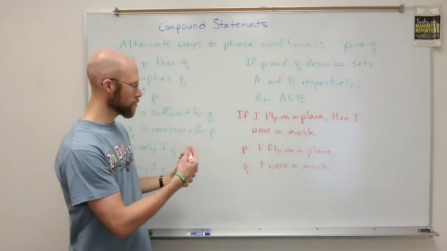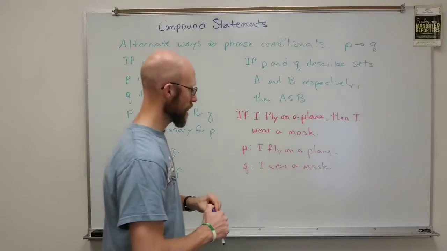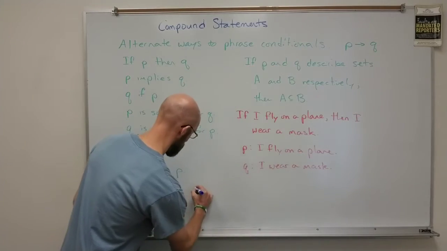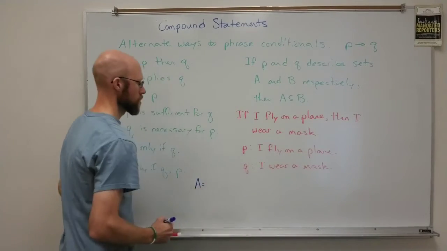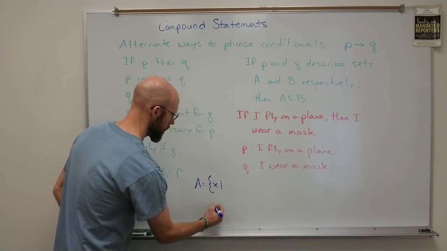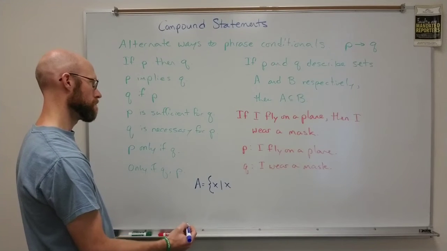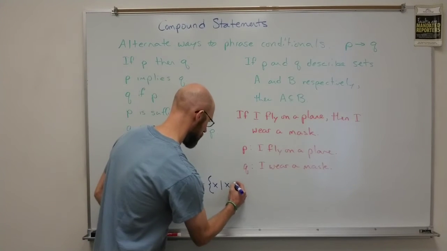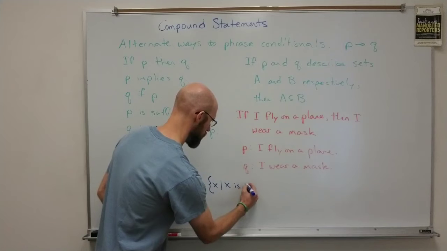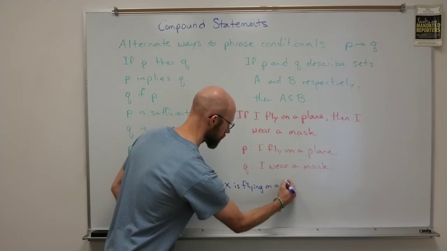And so in this particular case, if you think about set A, set A is the set of all people X such that X flies on a plane, or is flying on a plane.